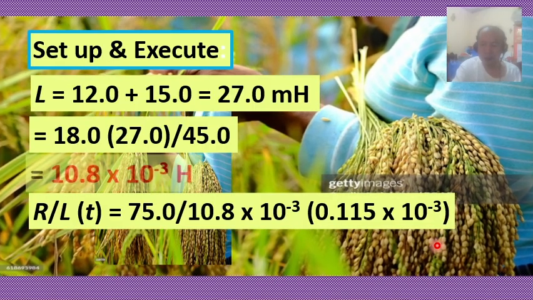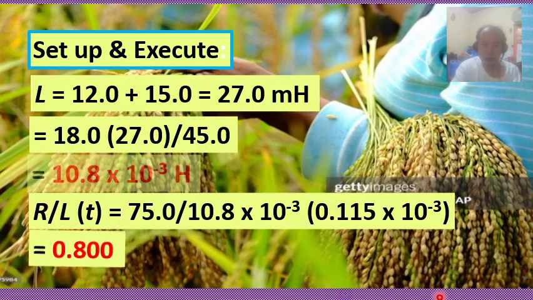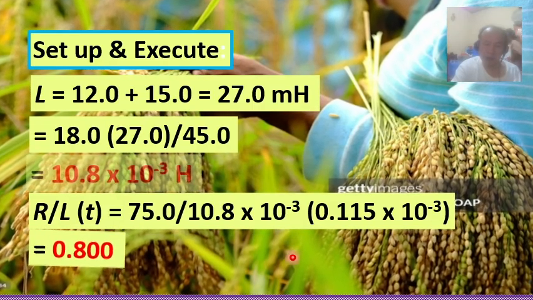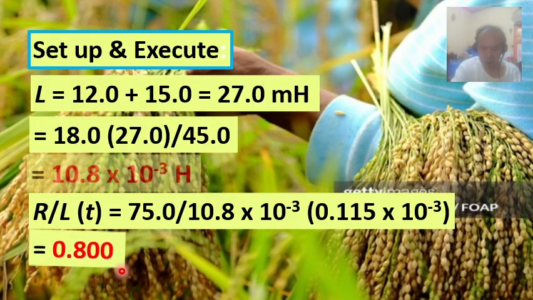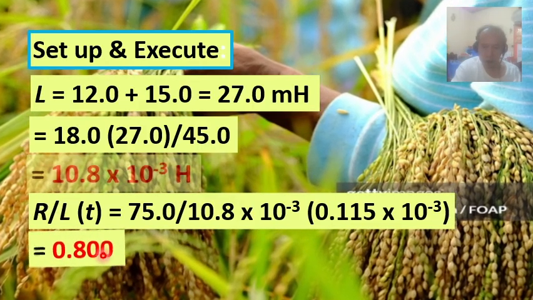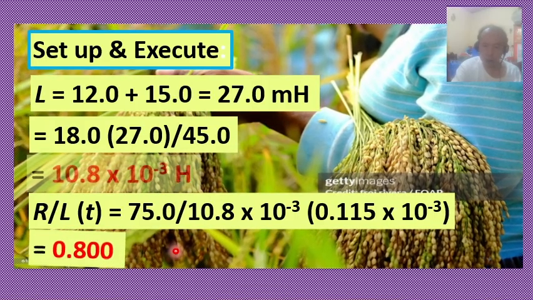Again, when you do our math, we find the value of R over L times T equal to 0.800. Take note, this number has no specific unit. It's a pure number.